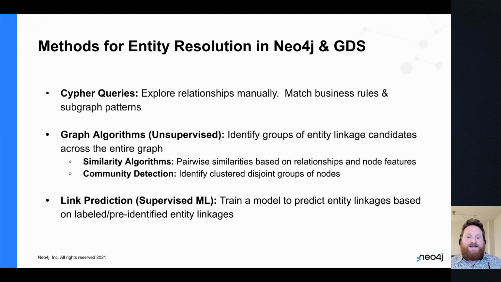Outside of that, to scale up a little bit, if you're interested in running graph algorithms globally, so basically running global algorithms on top of the entire graph, or big portions of the graph in an unsupervised manner, there's a couple algorithms that are provided through the graph data science library for that. So for example, similarity algorithms, things like k nearest neighbor, where you can determine pairwise if nodes are relatively similar in the graph, and you can traverse out a certain number of steps.